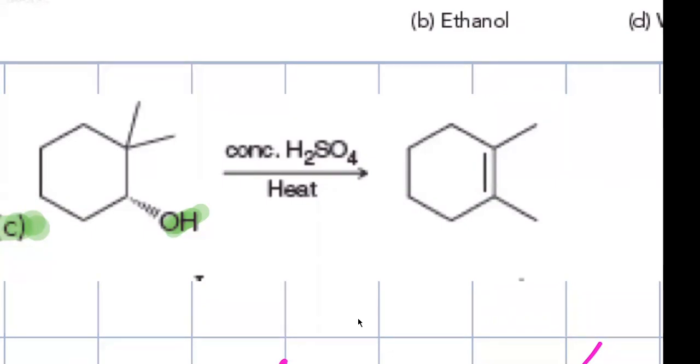So where is the alpha position based on where that OH group is? On both sides of the OH. Yeah, it's at this carbon and that carbon, right? Now the carbon up top, are there any hydrogens on that carbon that can be removed?